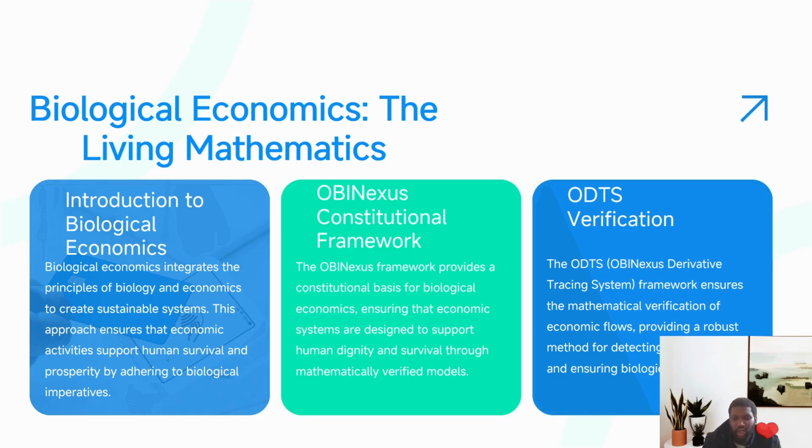Let me put in an analogy, so let me just read it. Biological economics integrates principles of biology and economics to create a sustainable system. The system is an ecosystem of services for people. Economic activities support human survival.